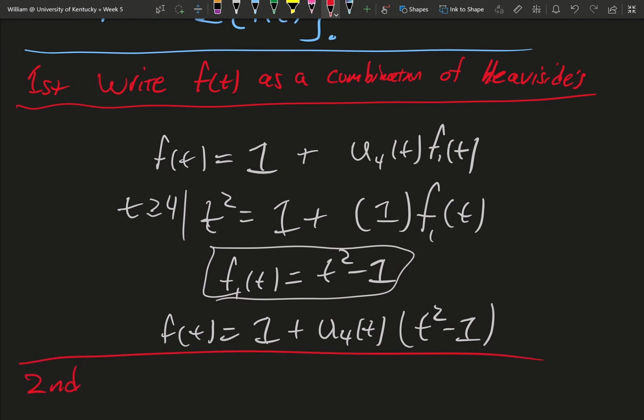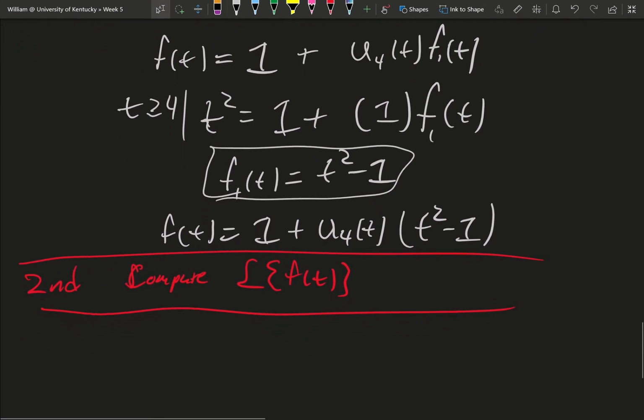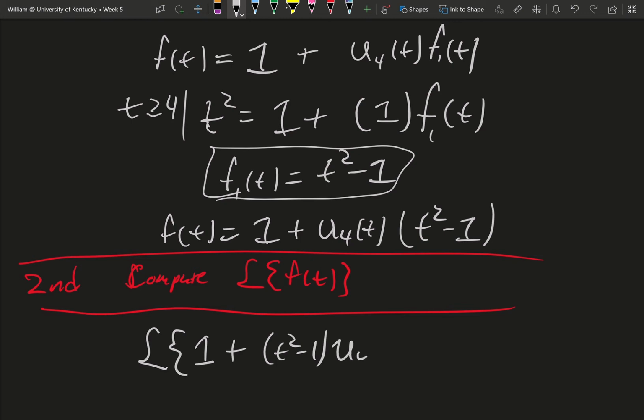Okay. Next, our second and final step, just compute the Laplace transform using, of course, the fact that we could have rewritten it as the sum of Heaviside functions.